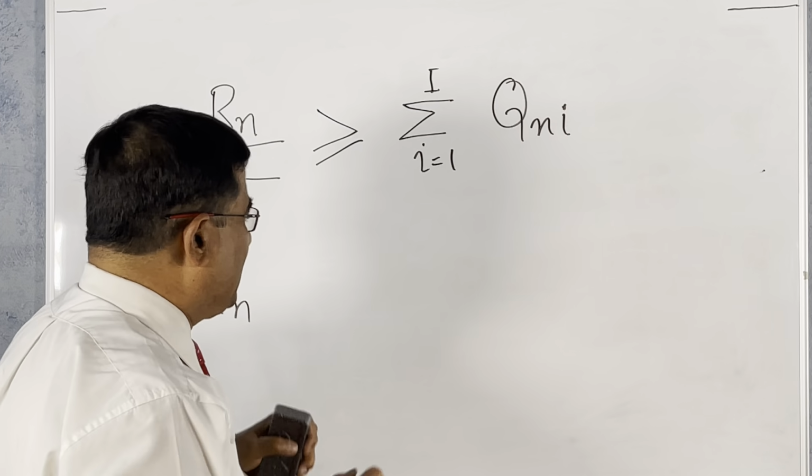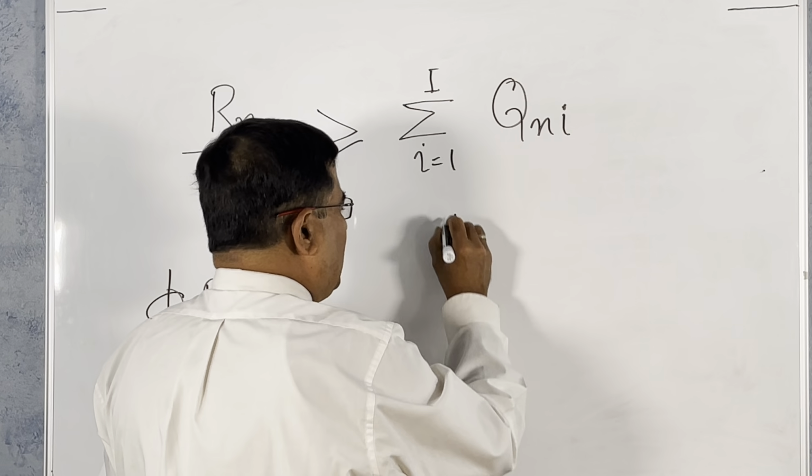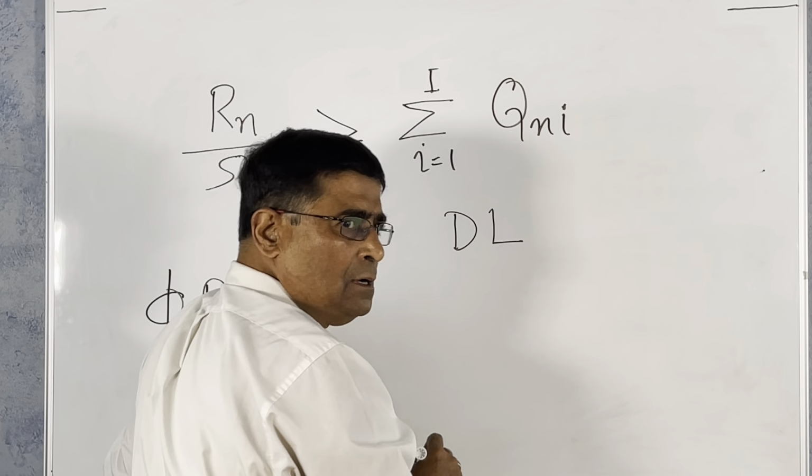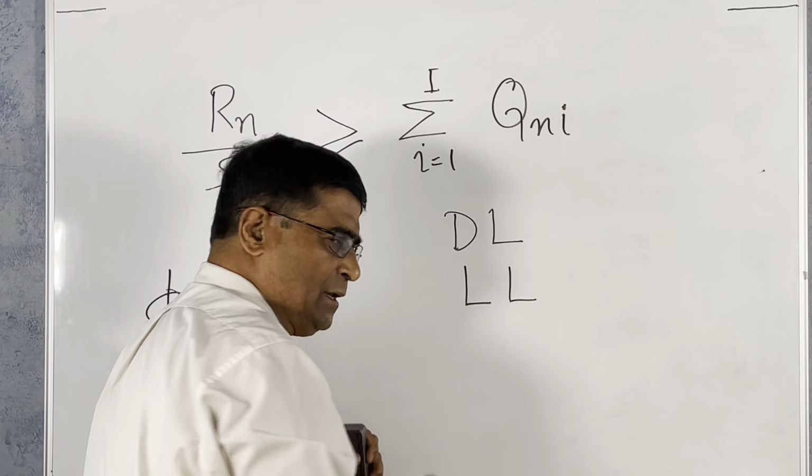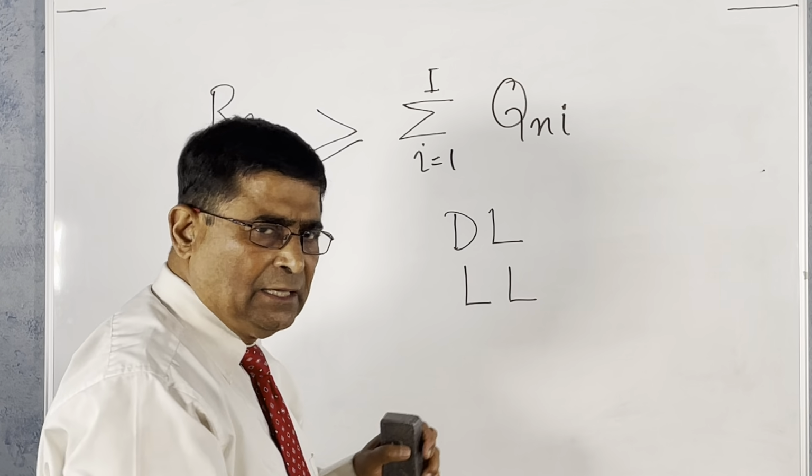I will tell you what the external forces are. It's the dead load, the live load. I will explain each of them. I told you a little bit about that.